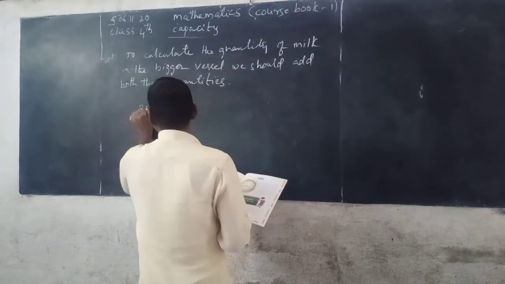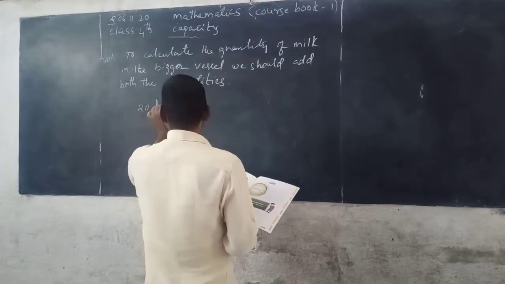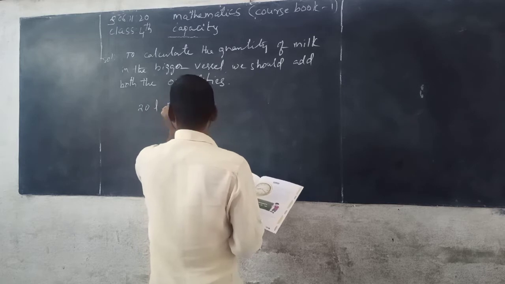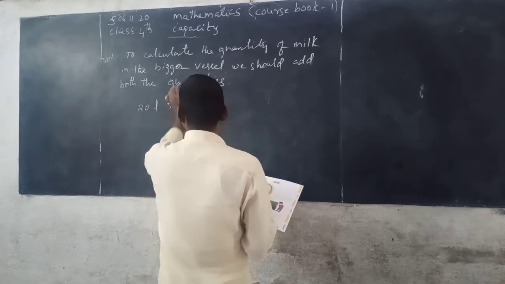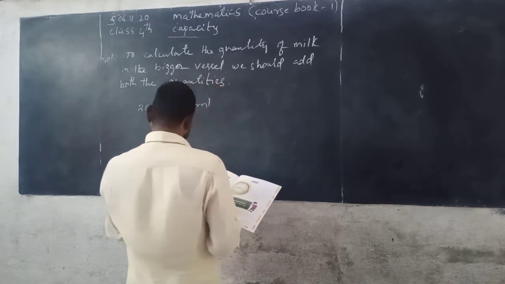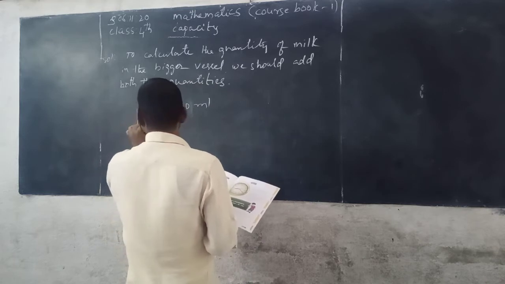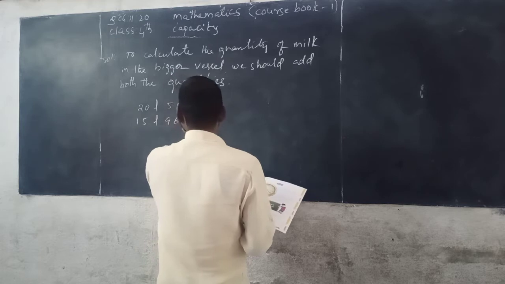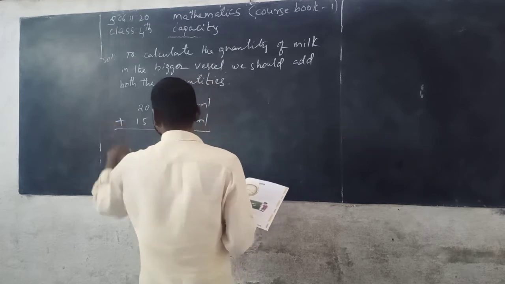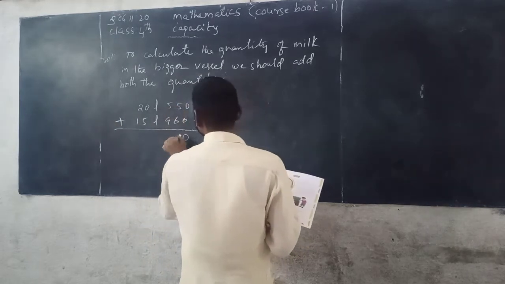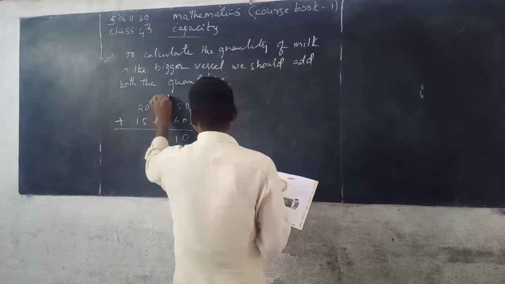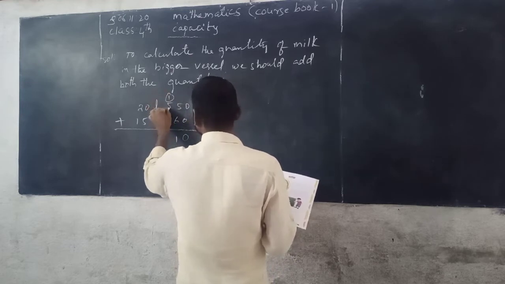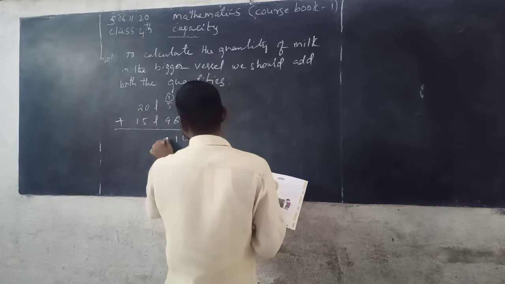So 20 liters 550 milliliters. Next, 15 liters 960 milliliters. Then add it here. 0 plus 0, 0. 5 plus 6, 11, 1 taking, 1 carrying. 1 plus 5, 6. 6 plus 9, 15.